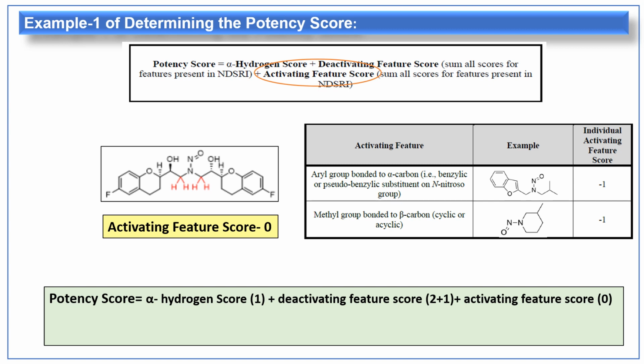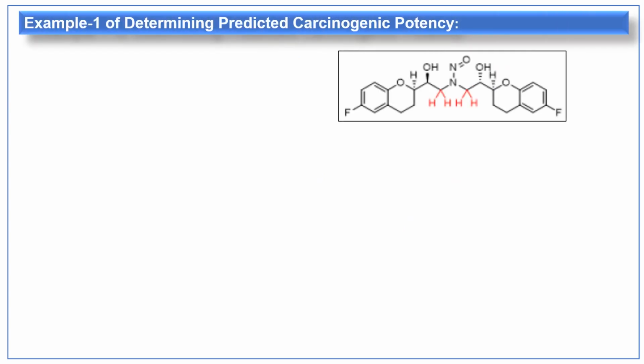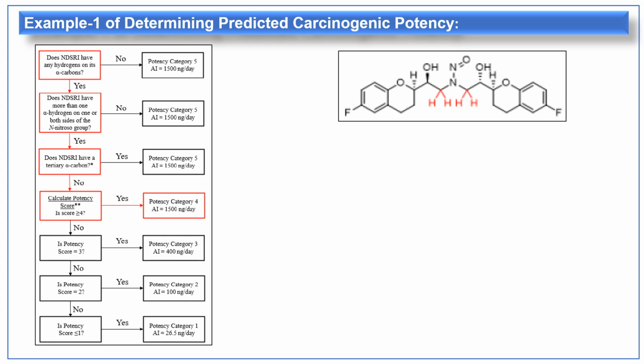There were 2 deactivating features, the first one with a score of 2 and the second with a score of 1, and the activating feature score is 0. If we sum all these, 1 plus 2 plus 1, the potency score comes out to be 4.